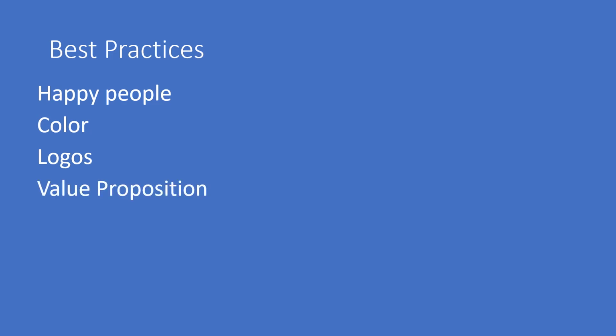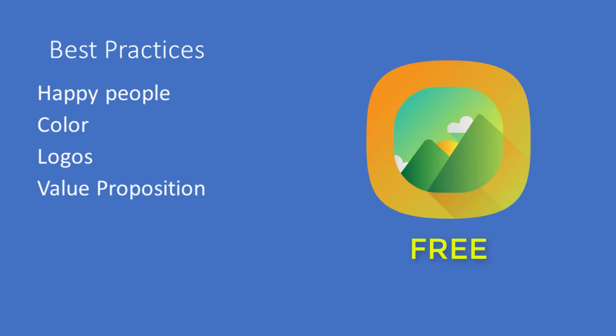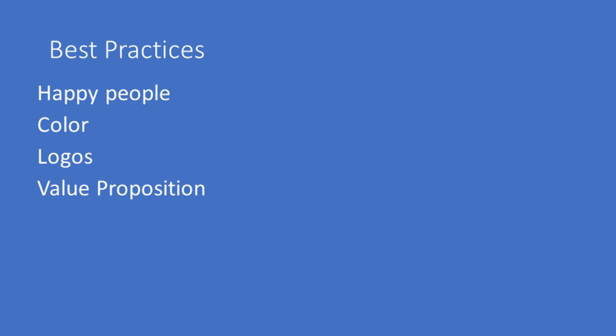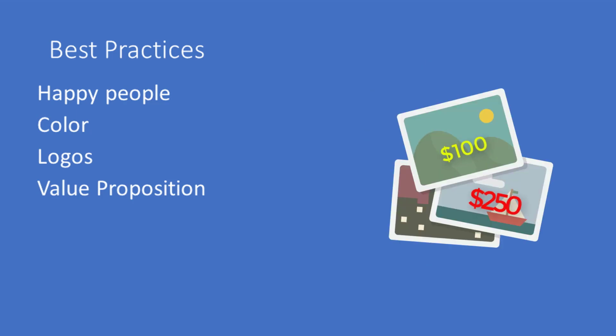Then, value proposition. A clear and solid value proposition is a great way to attract the eye. For example, use awesome colors as well as the word free to grab attention. Run a contest and put the prize within the image, like, for example, win a $100 gift card.